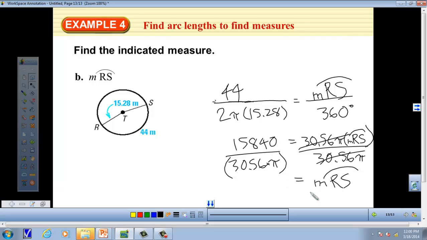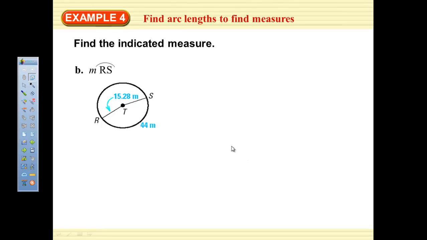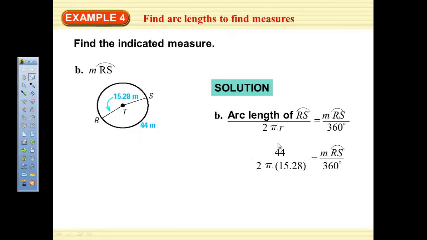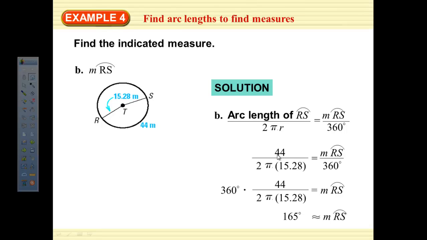And if we do that, our answer should be 164.99, so about 165. And that's degrees this time. So again, we plug in 44 here, we plug in the radius here, we cross multiply, and we get our answer, about 165. It's 164.99.